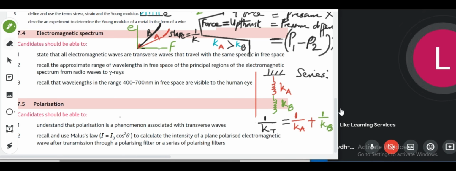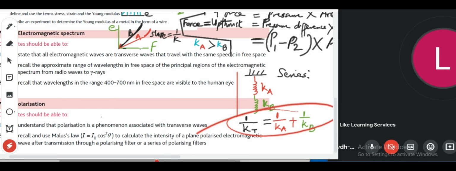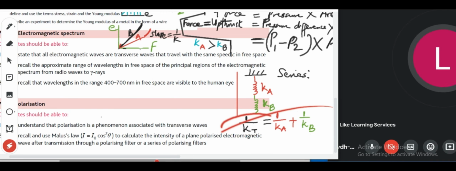You can recall where we normally do this in electricity. In fact, in electricity, you find this for parallel circuits.